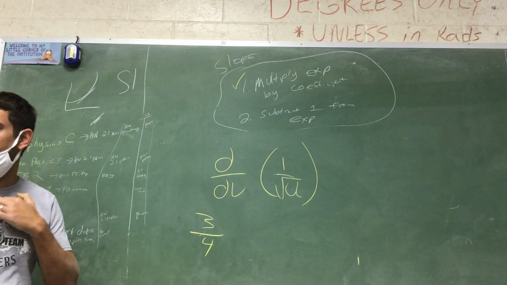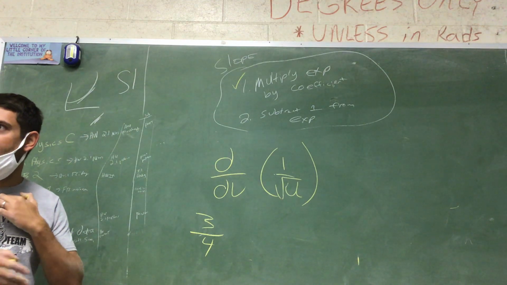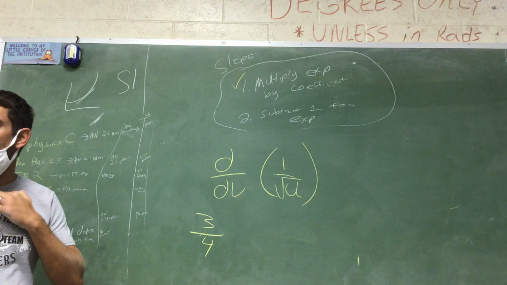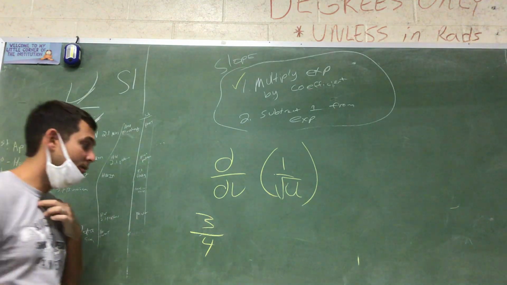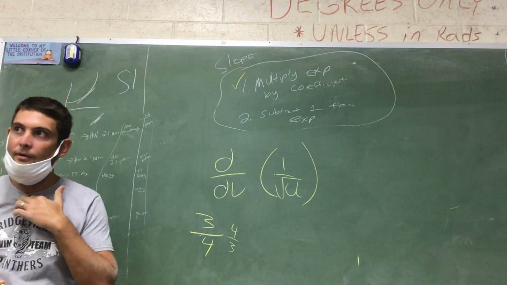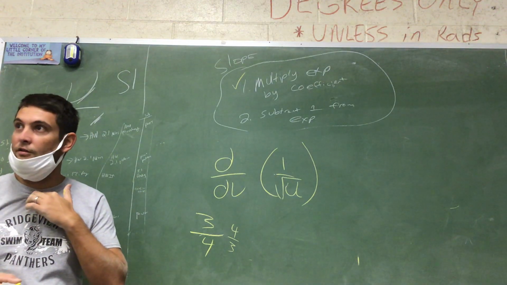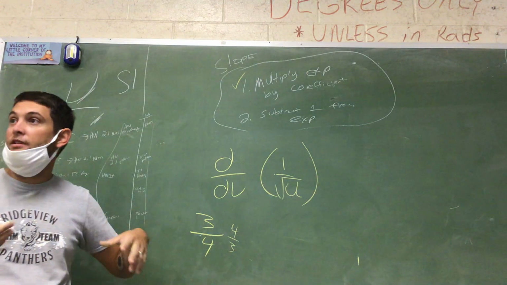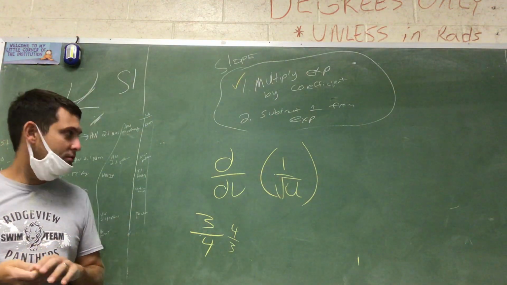Like just in general terms. How do I make that go away and turn to 1? Multiply by 4 over 3. What do we call that? Reciprocal, right? By multiplying by the reciprocal, that's going to get rid of your fractional form.